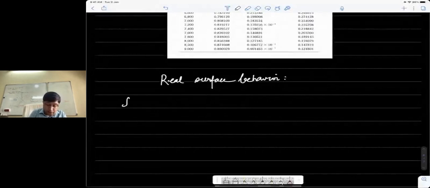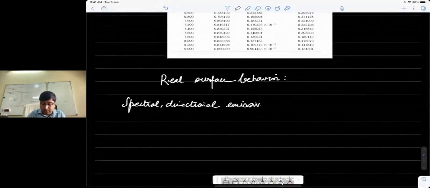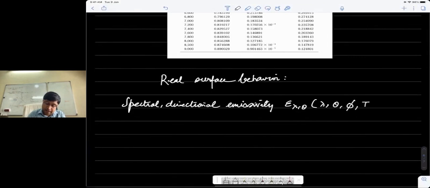So we can define the spectral, directional emissivity of a real surface, which I'm going to write as epsilon lambda theta, which is a function of course of wavelength, direction and temperature.